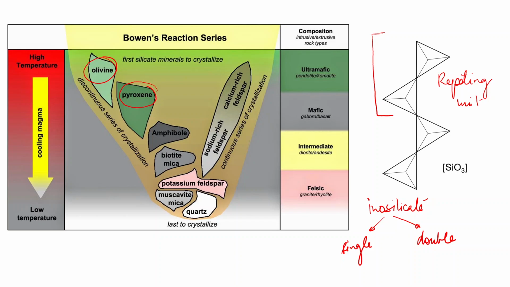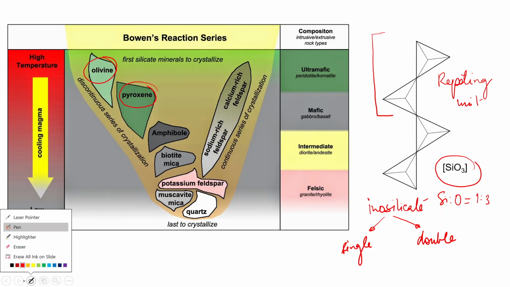Now if we look at these two tetrahedra, this is the general formula, SiO3, which means the Si to O ratio will be 1:3. So how do we achieve this ratio? I'll just show you. So if we make this tetrahedron, this black circle I'm drawing is oxygen.